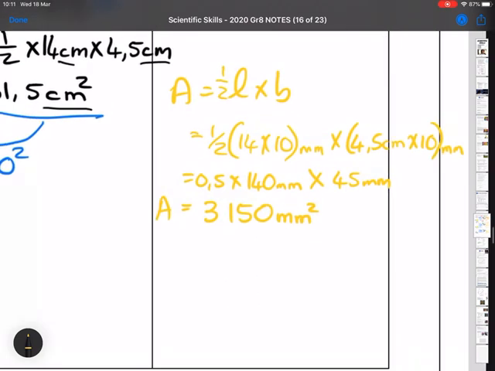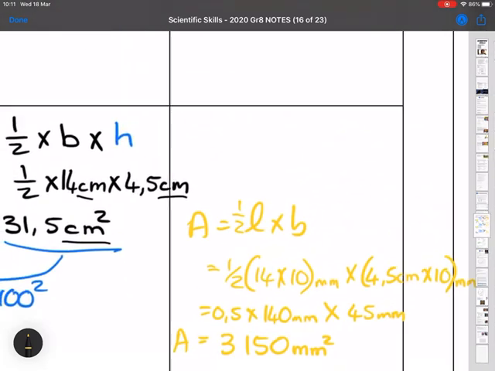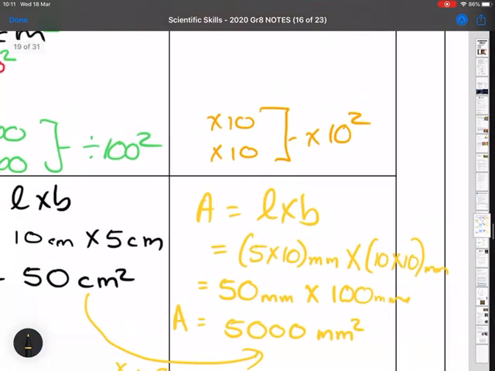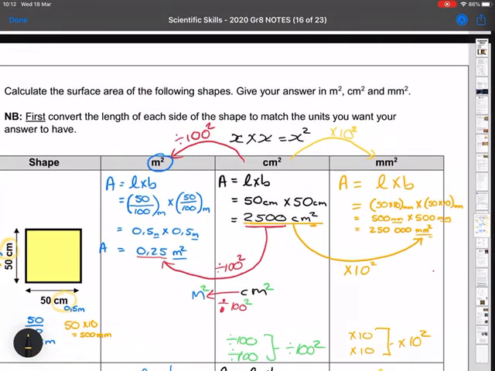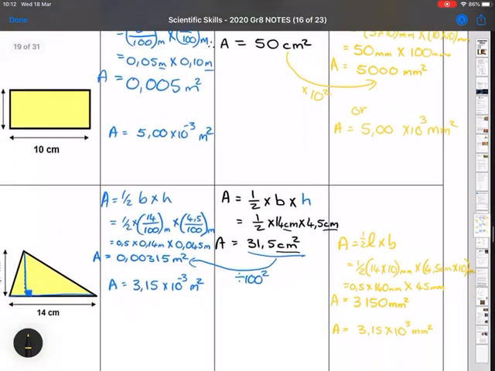If you wrote your answer in scientific notation, we would have got 3,15 times 10 to the power of 3 millimeters squared. Again, remember I said if I asked you to tell a grade 7 to convert millimeters to centimeters, if you're going from a small millimeter to a bigger centimeter, you would have to divide, and millimeters to centimeters you divide by 10.